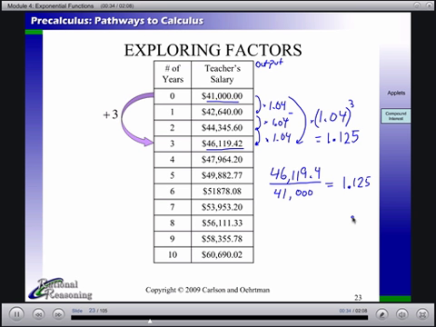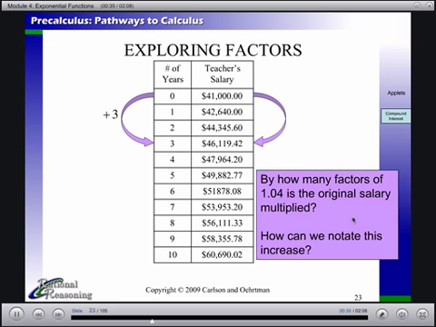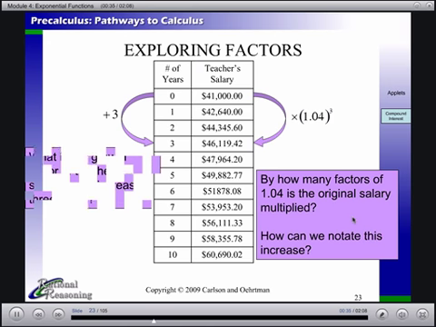So let's move on here. Okay, does it make sense? So this is our number one. This is what we talked about. By how many factors of 1.04 is the original salary multiplied? 3 of them, right? 1.04 cubed.